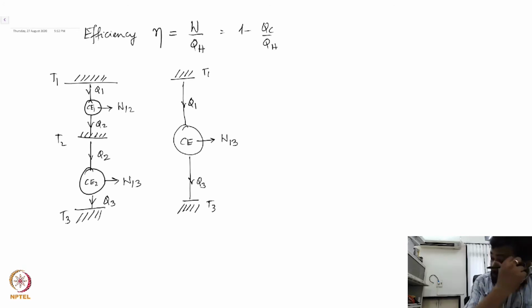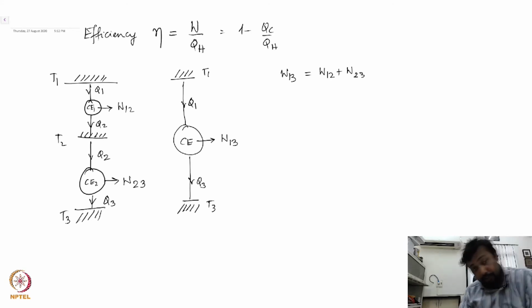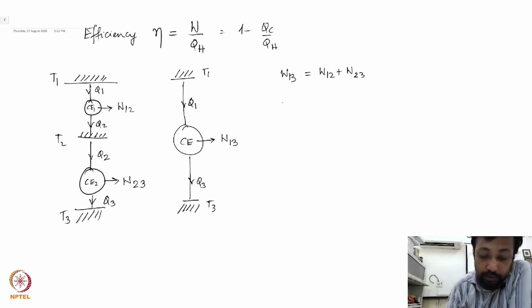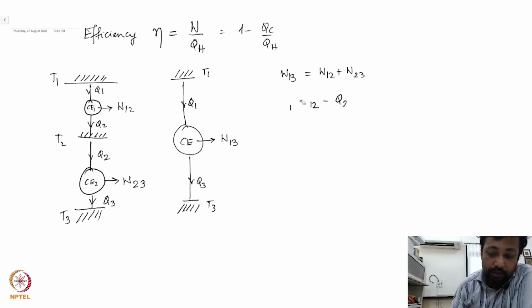Now let's see. First of all, W13, this is wrong, this has to be W23. W13 is W12 plus W23. The total work extracted from the two heat engines in tandem is equal to the sum of the two works, W12 and W23.